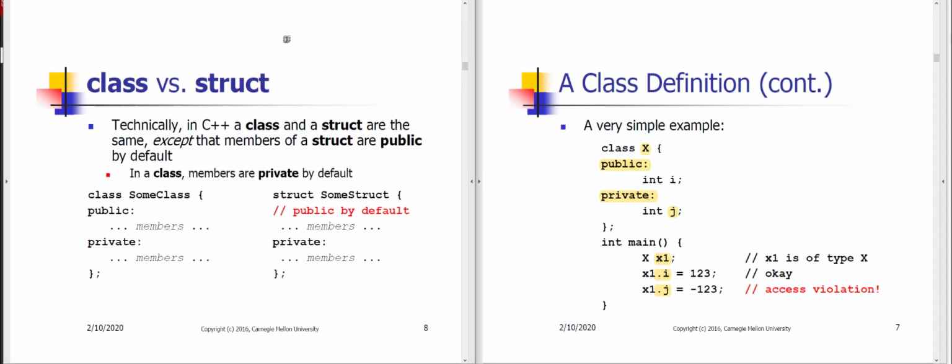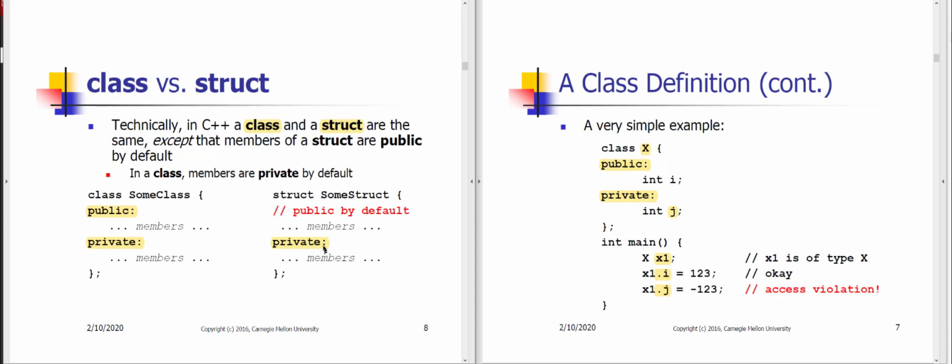Okay, now to be absolutely technical about it, a class and a struct in C++ are really exactly the same things. The only distinction is that in a class, you have to deliberately specify that certain things are public and other things are private. Whereas in a struct, everything is public by default. You can specify in a struct that certain things are private.